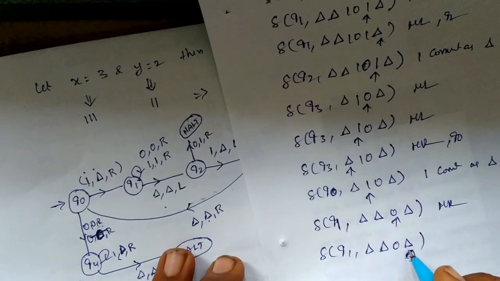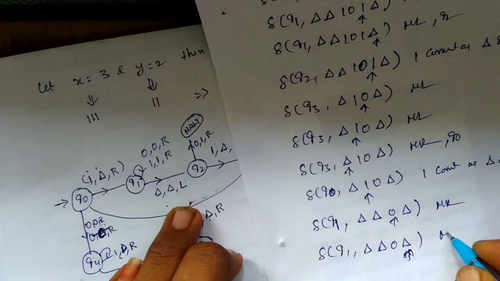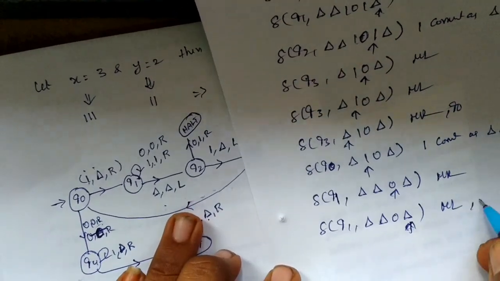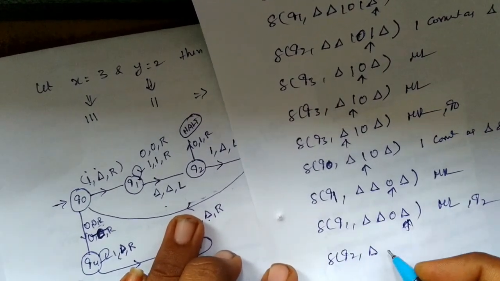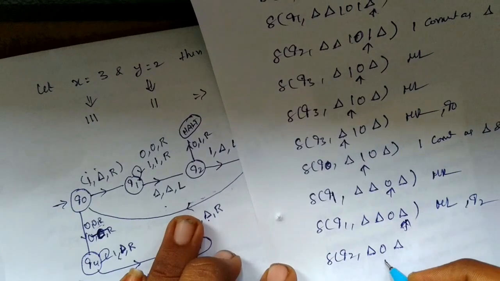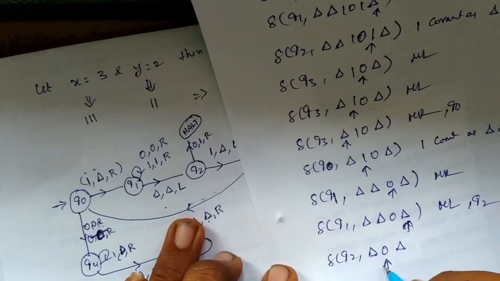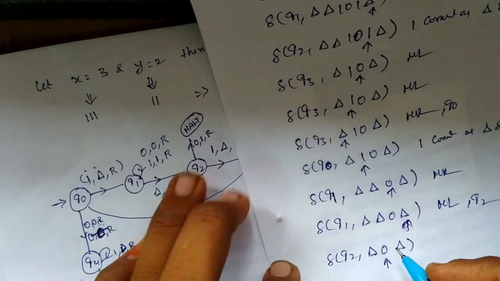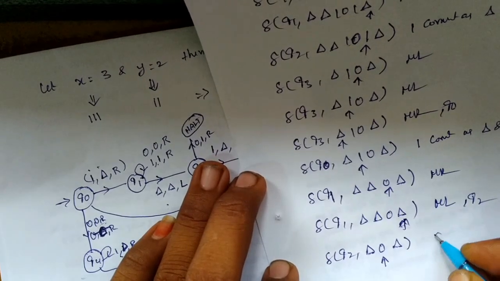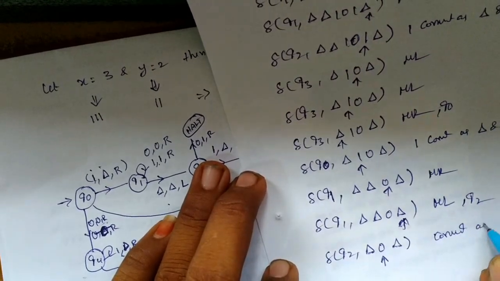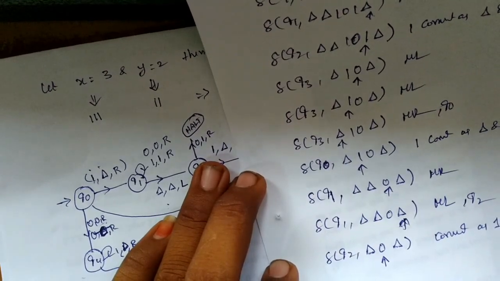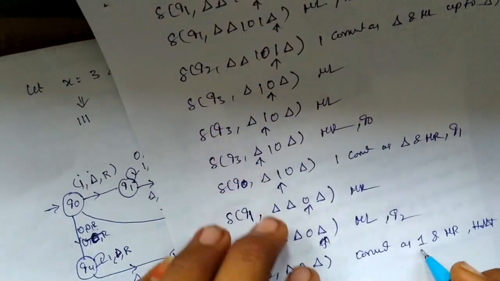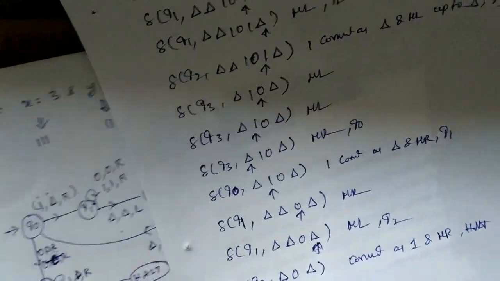The current state is Q1, the input is del, so move left and go to Q2. Now the current state is Q2, del 0 del, the header is here, move left. From Q2 the input is 0, then convert as 1 and move right, comma, halt.